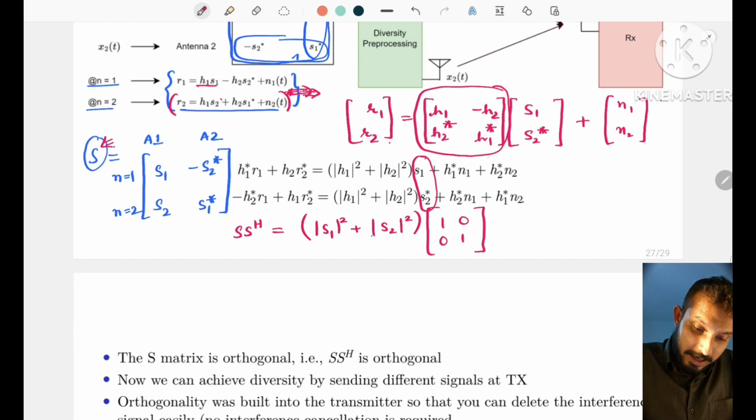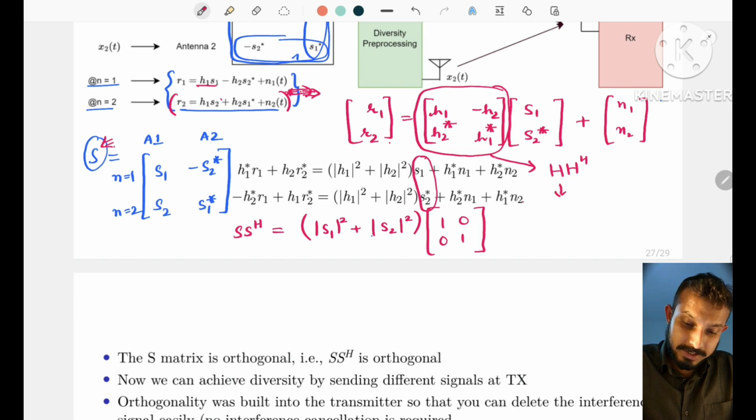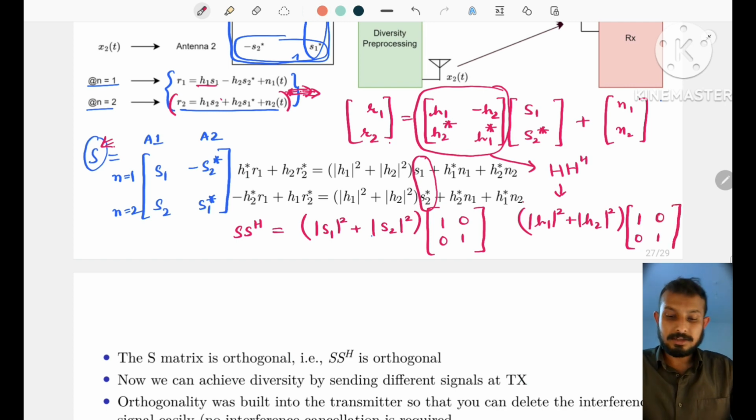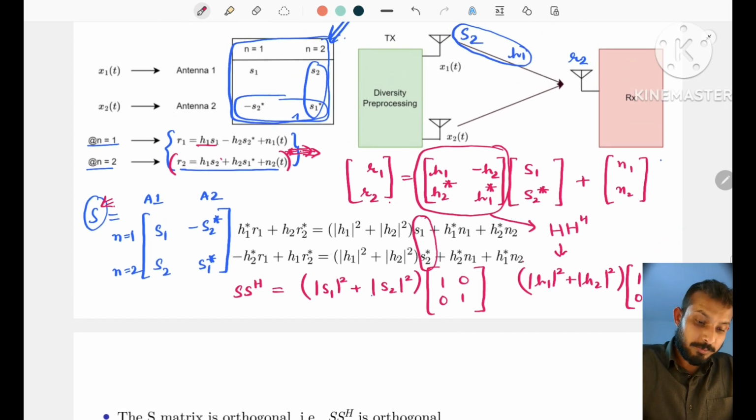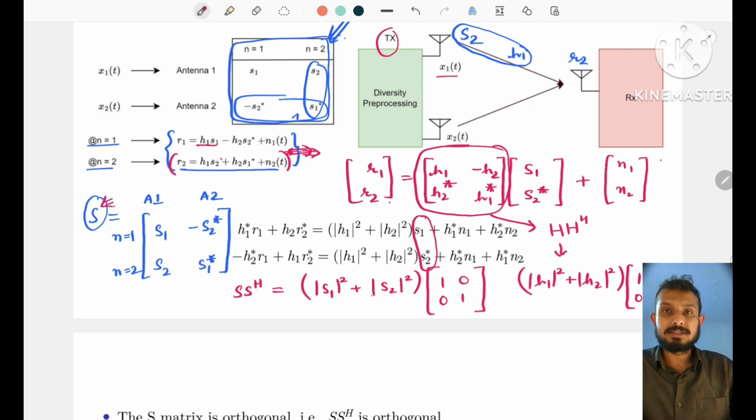So again, if you try to compute this H Hermitian, so what you will get is you can represent it in the form H1 mod square plus H2 mod square multiplied by the identity matrix. So that means the orthogonality has been built into the transmitter before sending these two signals from the transmitter side.